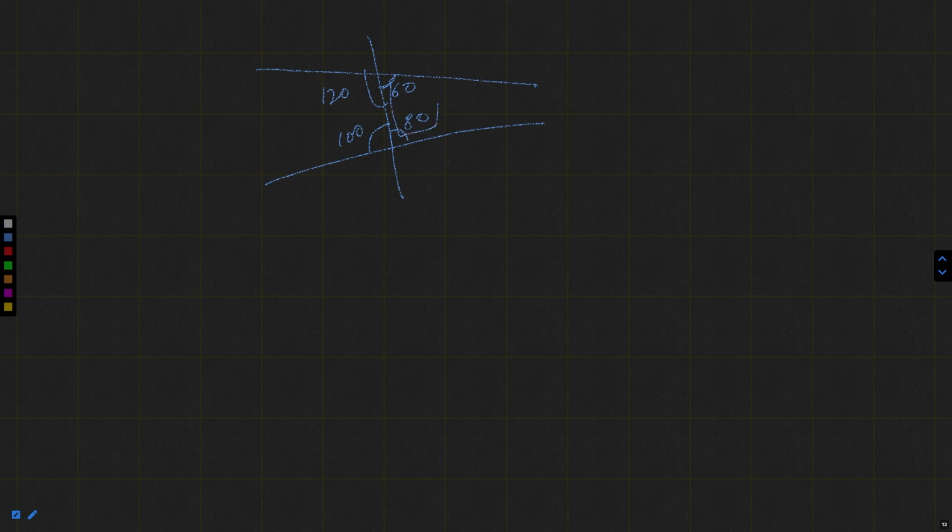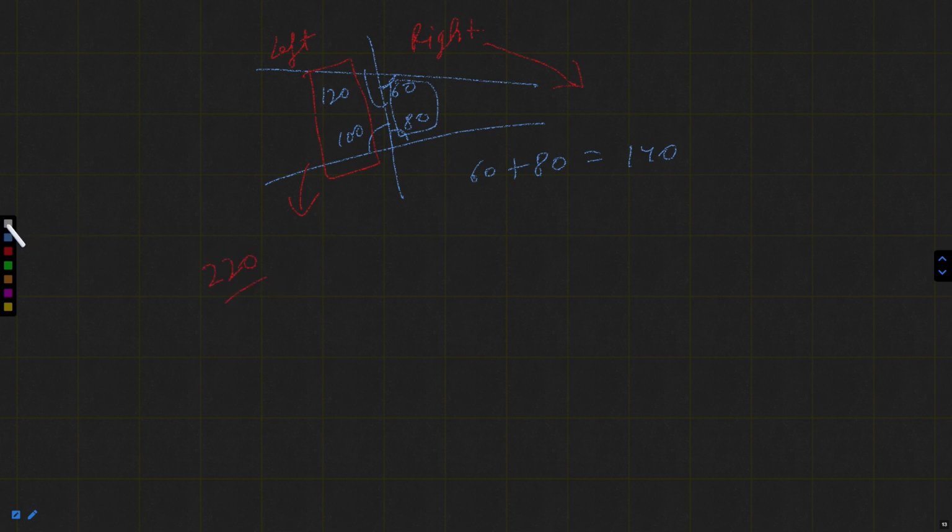If you add these, 60 plus 80, which is 140, the right side angle sum is 140, and the left side angle sum is 220.